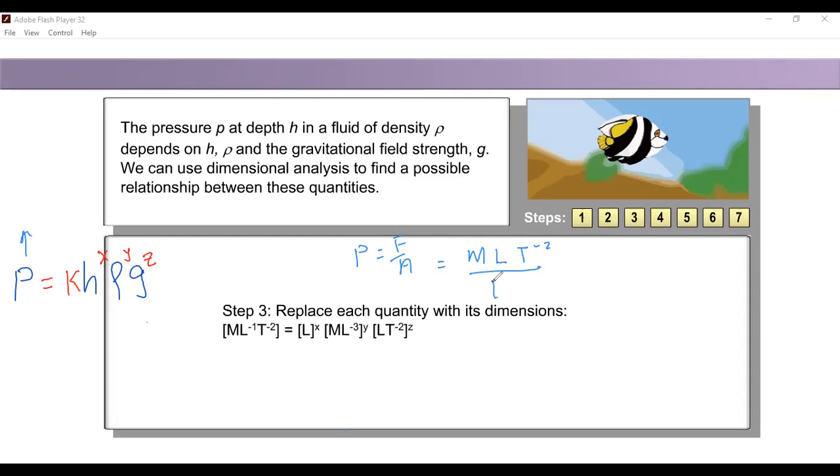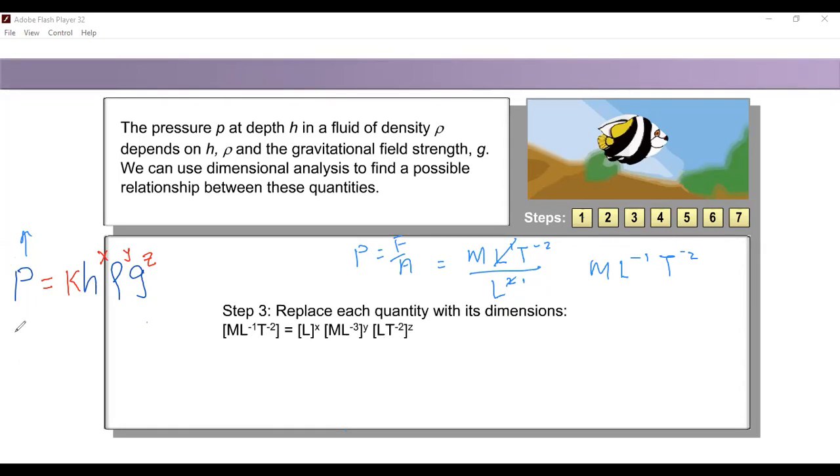Area is L squared. Okay, L squared over this L, so that means we cancel each other, this becomes L to the 1, right? So M L negative 1 T negative 2 is the dimension for pressure.